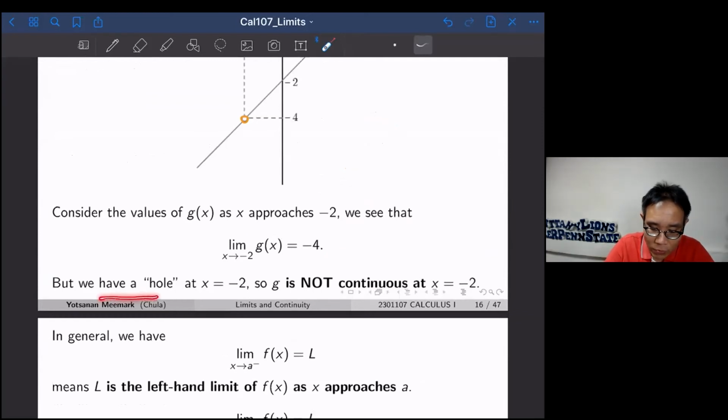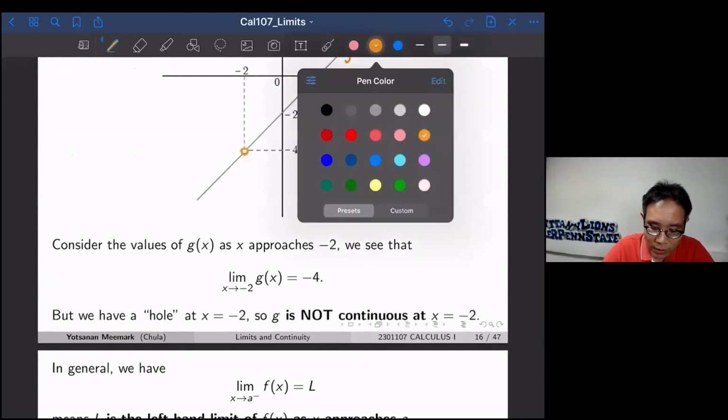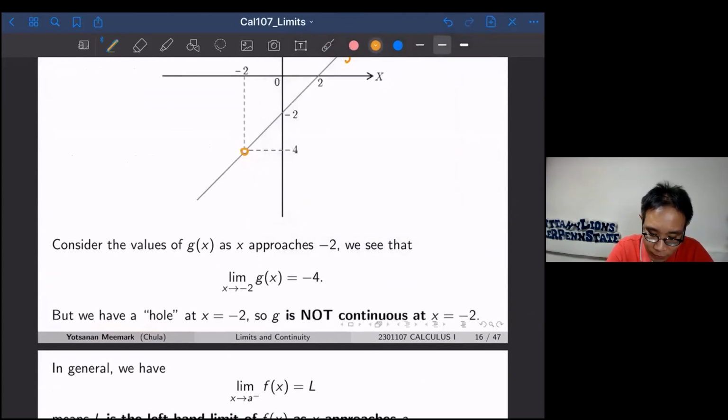But we have a hole at x equal to negative 2 on the graph, so the function g is not continuous at x equal to negative 2.